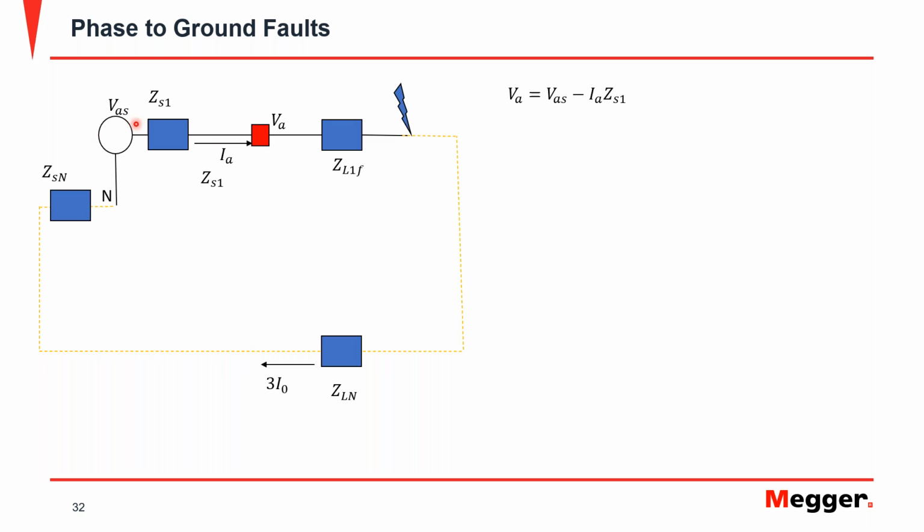For weak sources, the voltage at this point is considerably reduced with respect to the voltage on the other phases, and even with respect to the voltage before the fault.